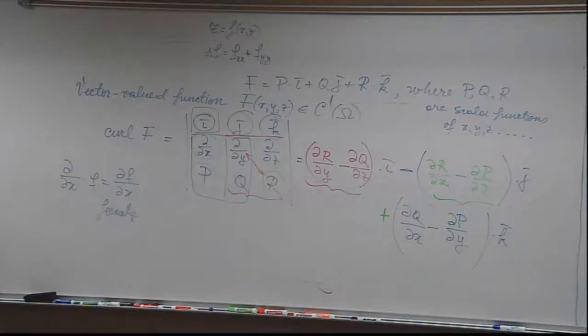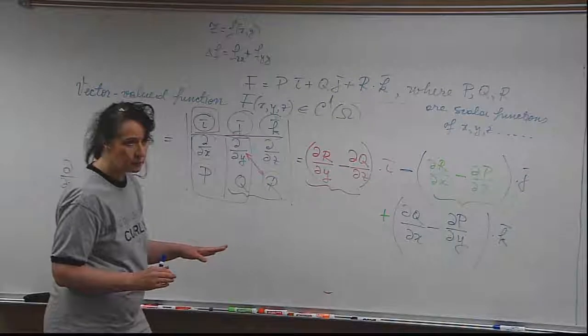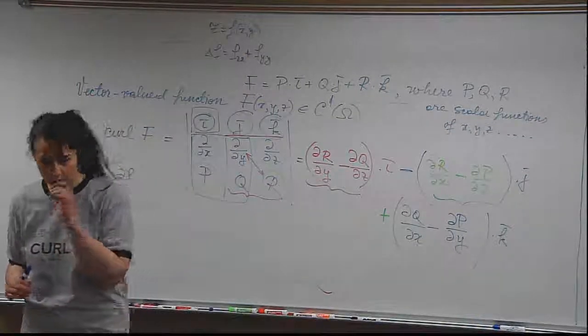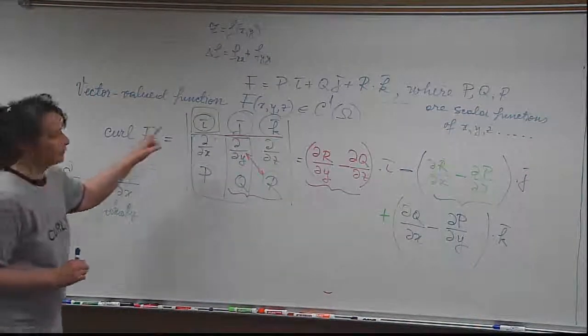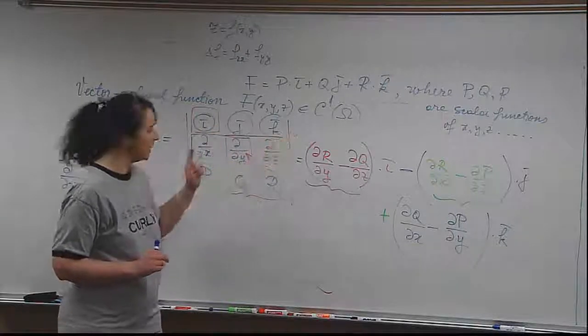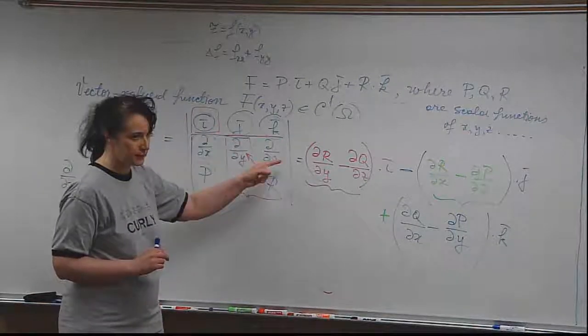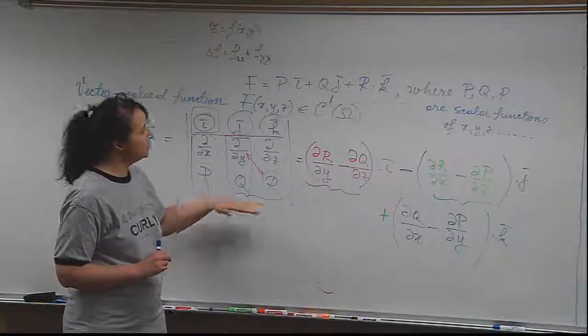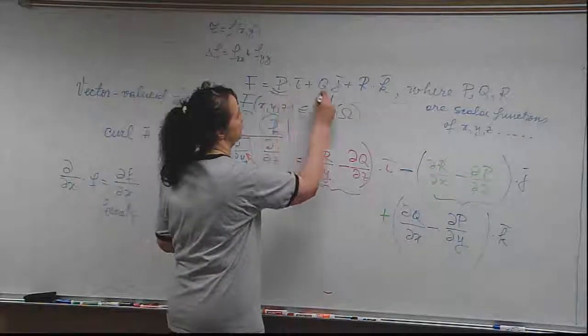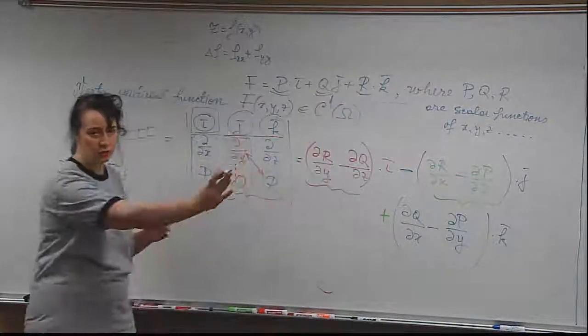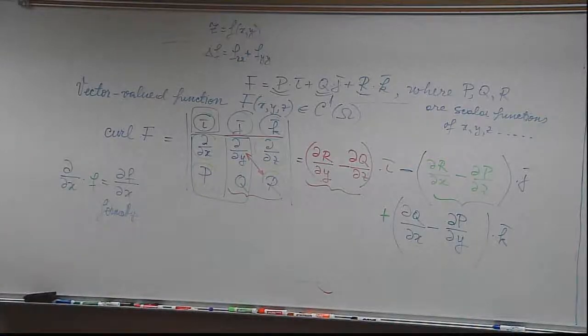Okay. Is it hard? No, it's not going to be hard to memorize. So again, how did we do that? We set up the first row to be i, j, k, the second row to be d/dx, d/dy, d/dz, and then all in order the components of your vector valued function in the exact order they are with respect to the standard basis i, j, k.